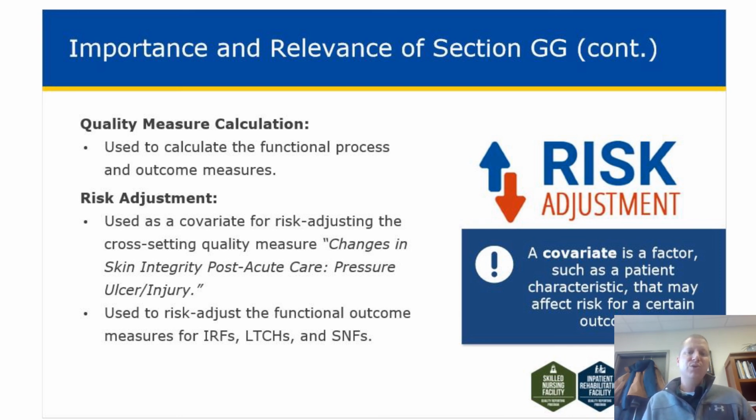Well, that's going to increase the risk for skin issues and skin integrity. And so different ways of that section GG can be scored will help flag those people who are at higher risk for different risks that would affect their overall function or overall outcome measures.